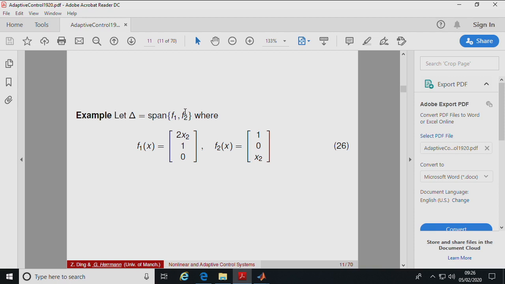It's independent, yes, exactly. So the Lie bracket does not depend linearly on f1 and f2. Hence this space is not involutive. So the space created by f1 and f2 is not involutive. That's the result of that analysis.